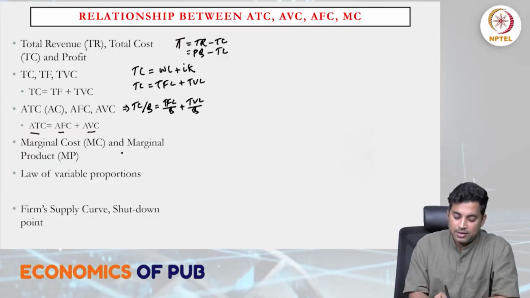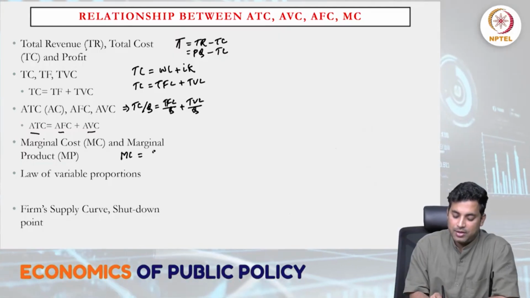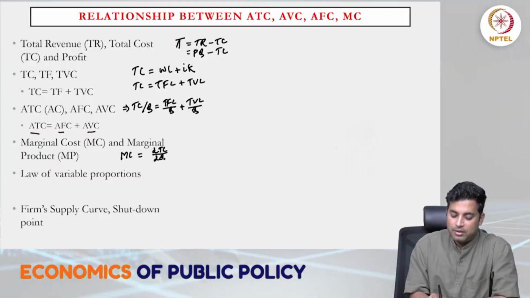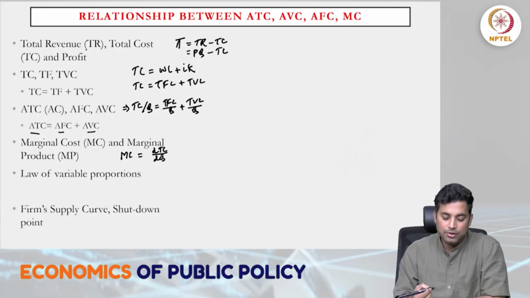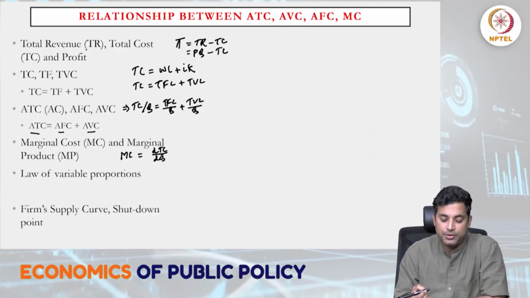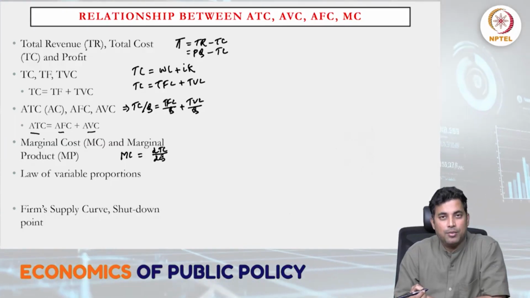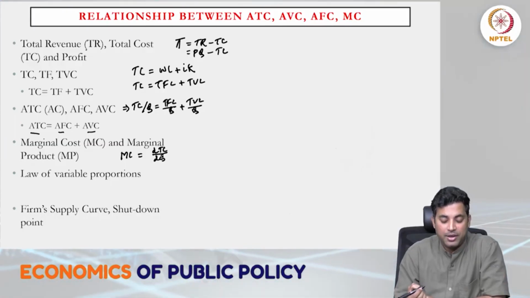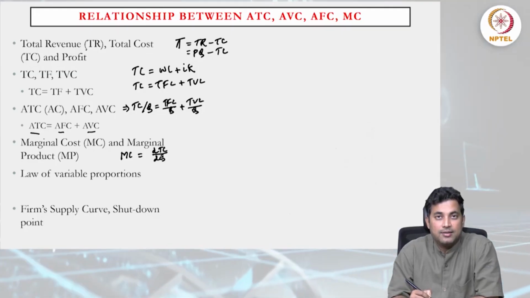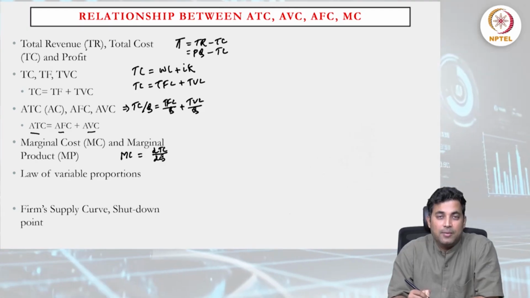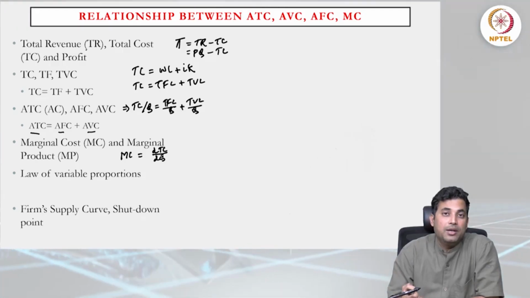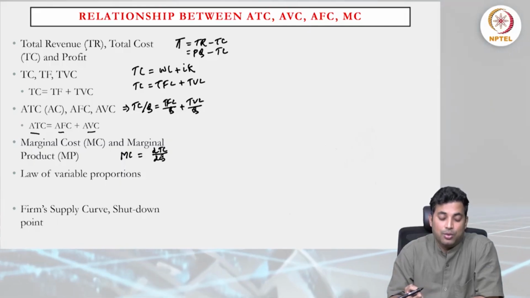So marginal cost is the change in the total cost due to one unit of quantity. If a firm decides to produce one extra unit of one commodity, then the firm first has to understand what will be the change in the total cost due to a one unit change in the total quantity.